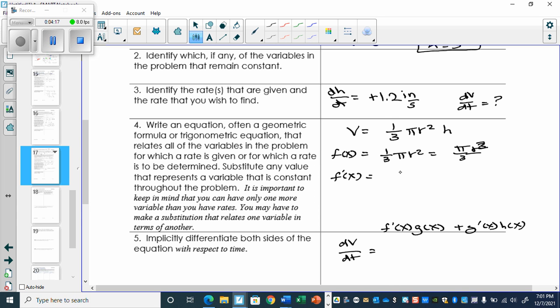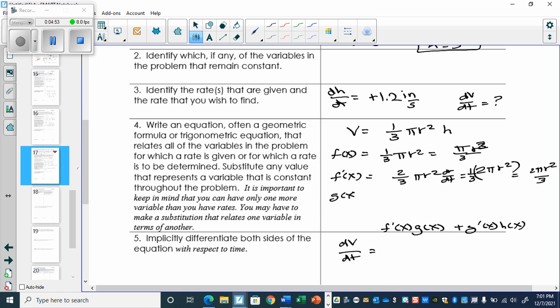And I get 2/3 pi r squared, and this is dr/dt, or you could write 2 pi, it just doesn't make sense to write it this way because you require parentheses, but it's easier to write it this way, or you could even write 2 pi r squared over 3, and this would include your dr/dt.